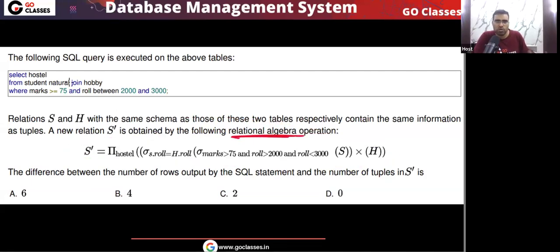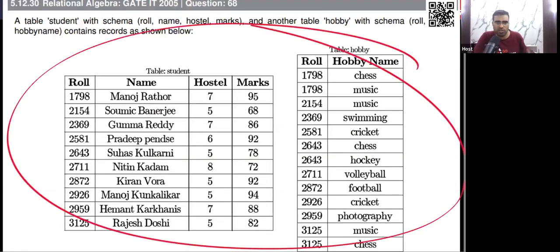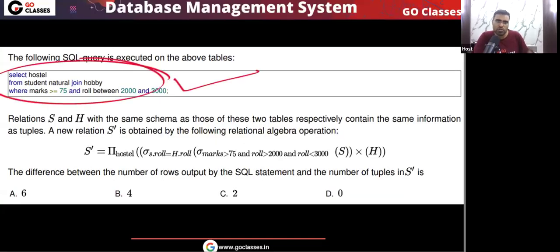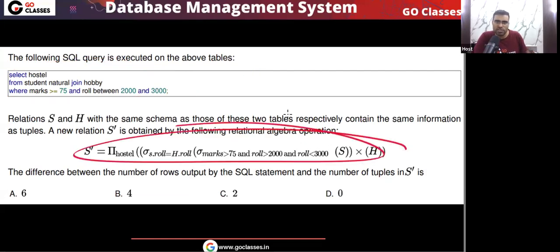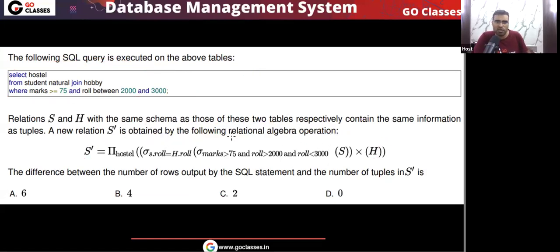Yes or no? So remember, these two tables are given to us. On these two tables, we execute this SQL query. We also execute this relational algebra query. Then the question is asking the difference between the number of tuples output by the SQL query and the number of tuples output by the relational algebra query. So this is a very simple question.